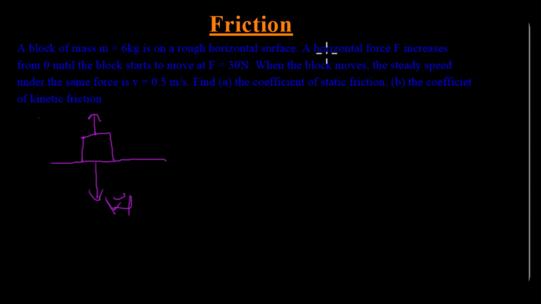So since we're told that a horizontal force F increases from 0 until the block starts to move at F equal to 30, it means that my applied force at F equals 30 is equal to my maximum static friction. If I want to solve for the first part, I will simply say Fs max must be equal to mu s times R.